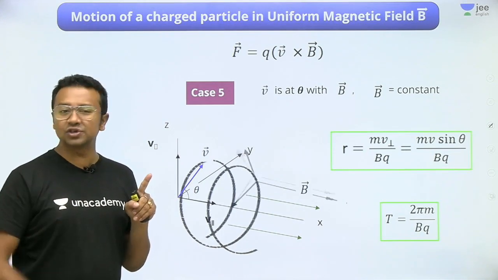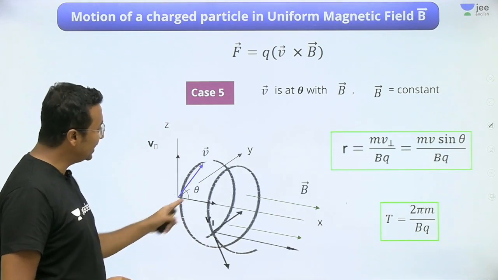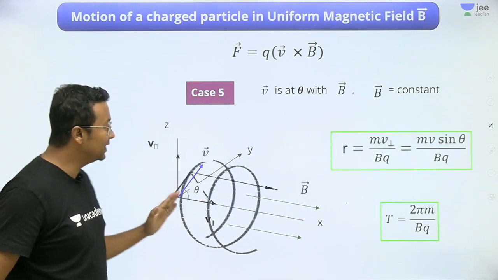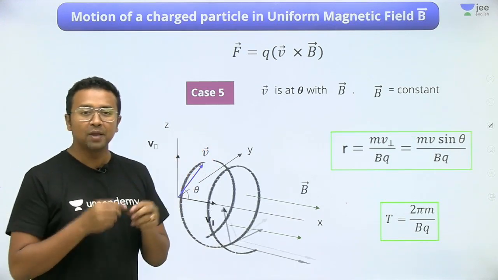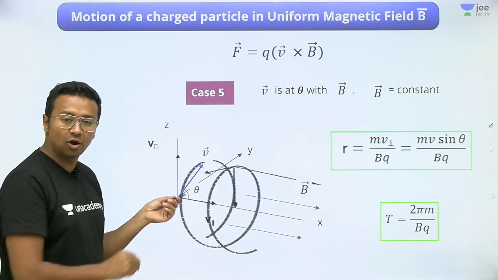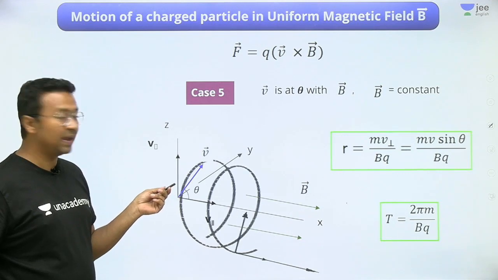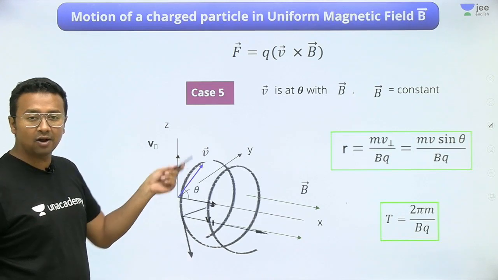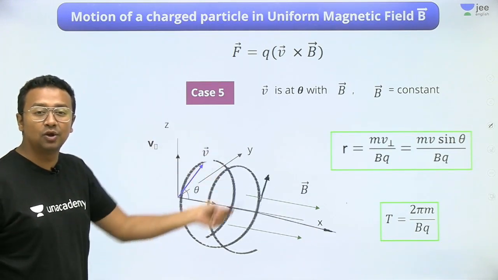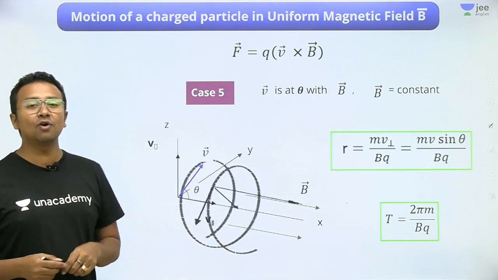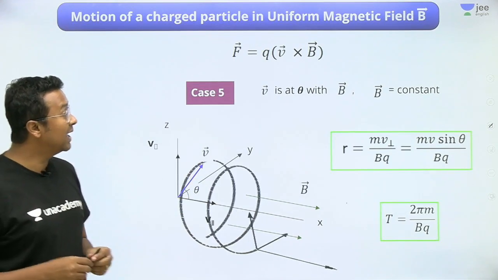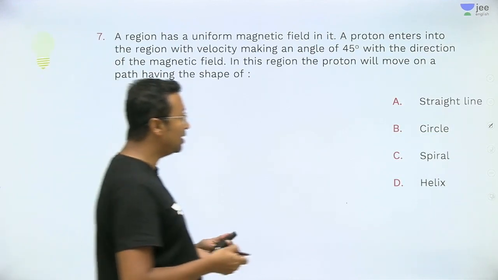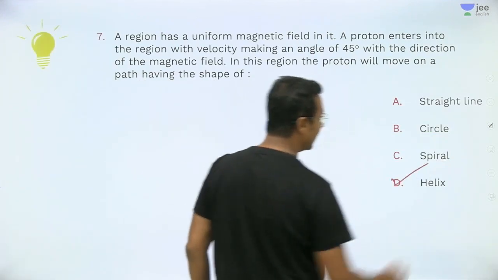That means no force is going to act. But if it is going in this particular direction, then one component of the velocity will make it move in the forward direction, and the other component is making it move in a circular way, as a result of which it is following a helical path. Okay, what is it following? It is following a helix, correct?